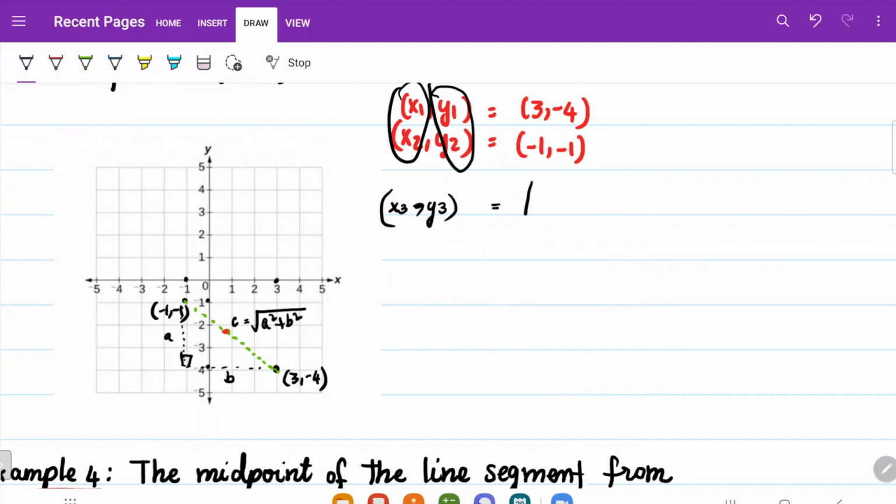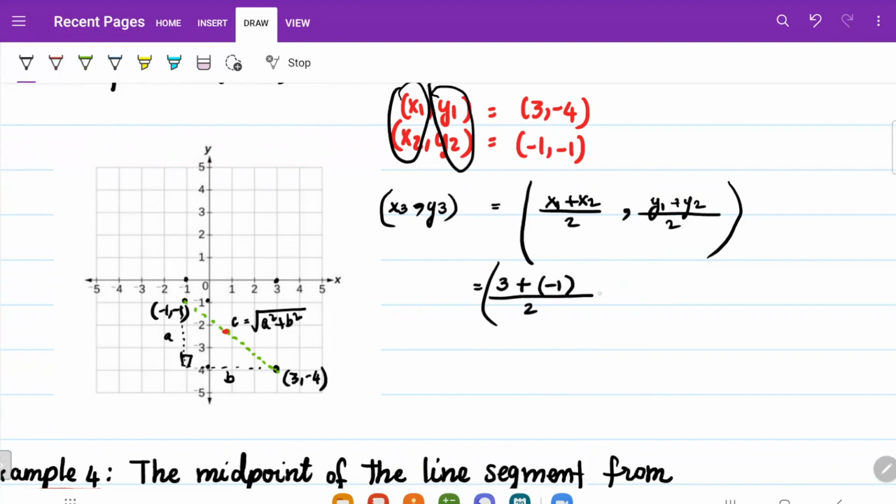So x3 is the average of x1 plus x2 by 2, and y3 is the average of y1 plus y2 by 2. x1 is 3 here, plus x2 is minus 1, then you divide by 2, comma y1 is minus 4 here, and y2 is minus 1, divided by 2.